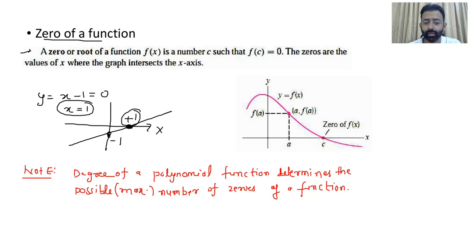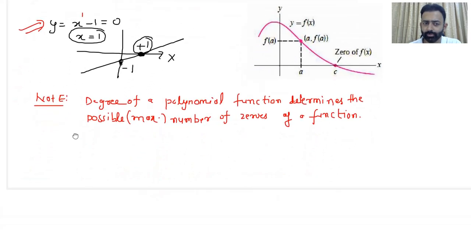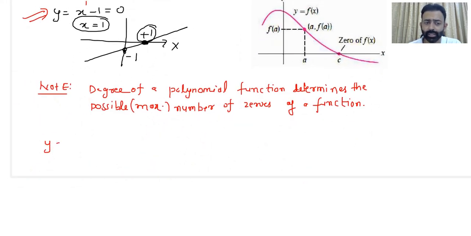If we have a linear function of this type, having the degree of the variable as 1, it will have only 1 zero, which is x equal to 1. If you have a quadratic function of the type y is equal to x square minus 3x plus 2, it will have two zeros, one will be plus 1 and one will be plus 2.